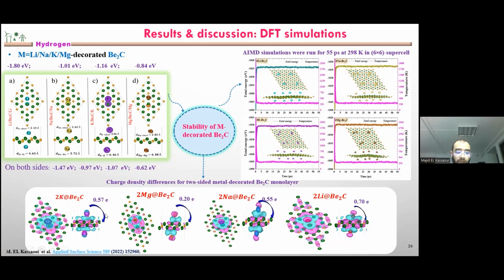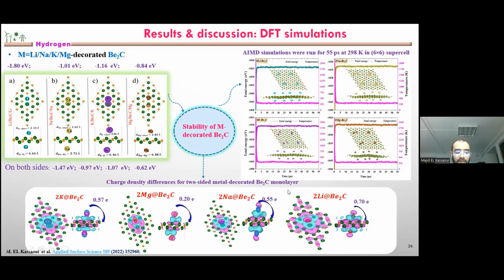Moreover, a Bader charge analysis was performed to quantify the number of electrons transferred during the decoration process. Results show that at the best absorption site, the charge states of lithium, sodium, calcium, and magnesium are 0.70, 0.55, 0.57, and 0.20 electron.